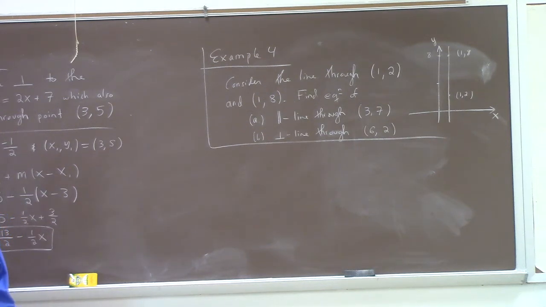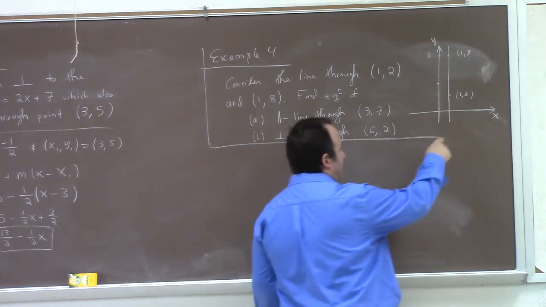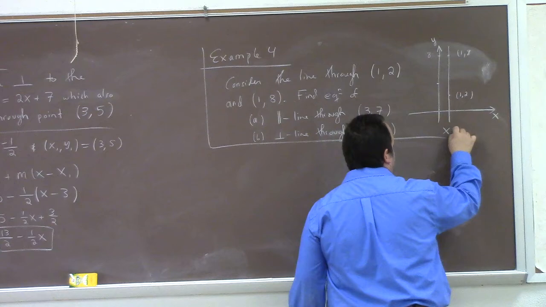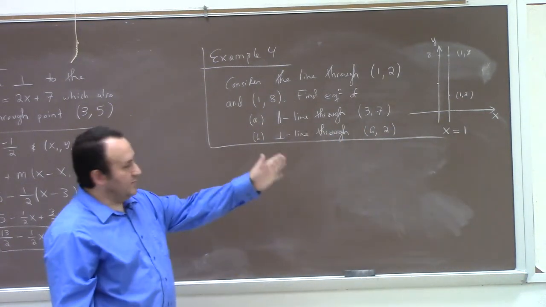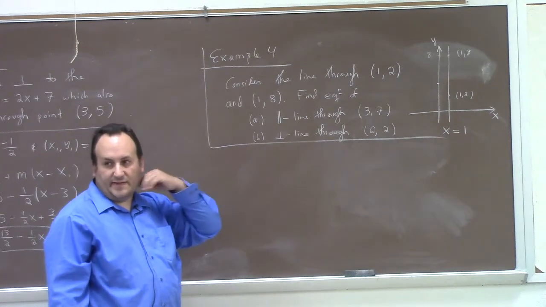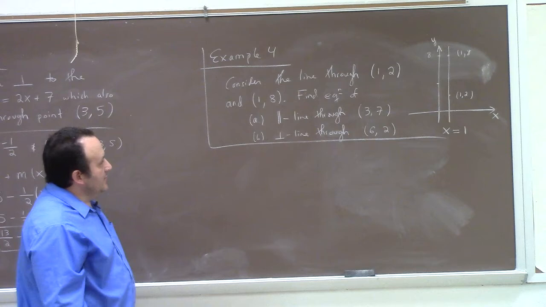None of these are helpful, because that's not how you capture a vertical line. The graph of a vertical line is not the graph of a function. So the equation of that line is just x equals 1, right? y goes on and x is equal to 1. That's the equation of the vertical line.